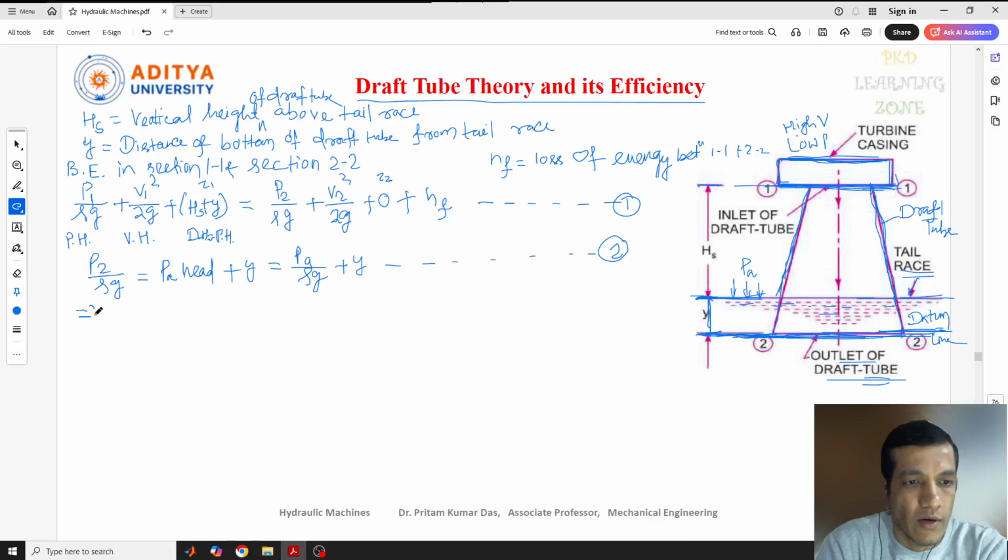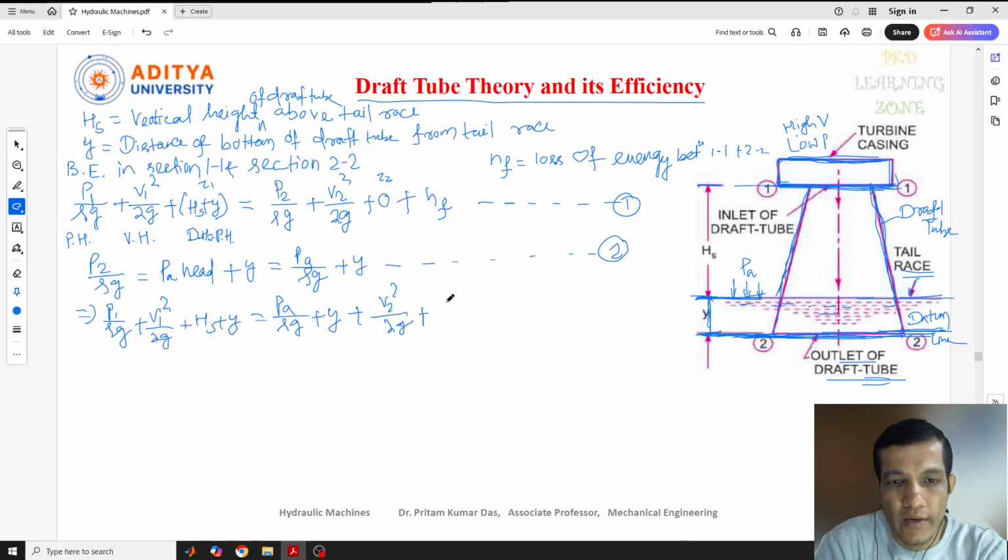After substituting the value, what will we get? P1 by rho g, from the first equation, plus V1 square by 2g plus Hs plus y equals Pa by rho g plus y plus V2 square by 2g plus HF. Now I need to find the pressure head at this point.